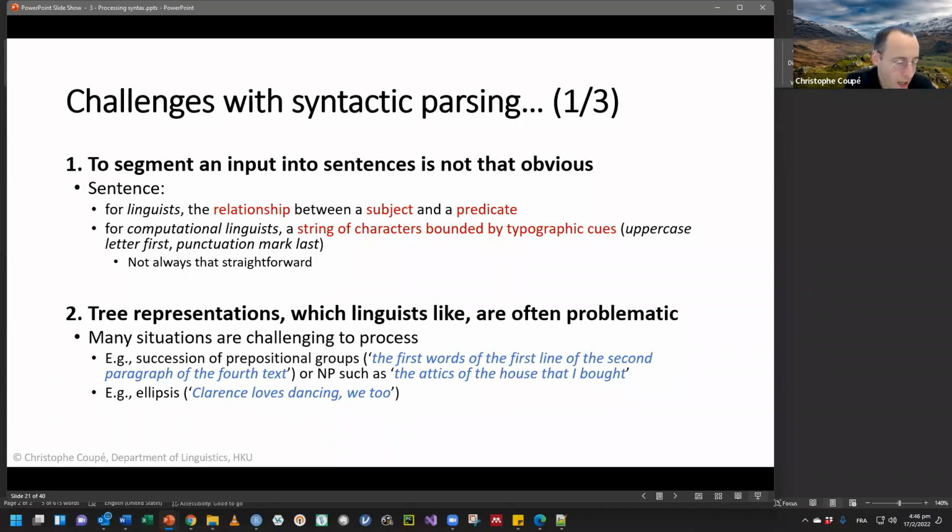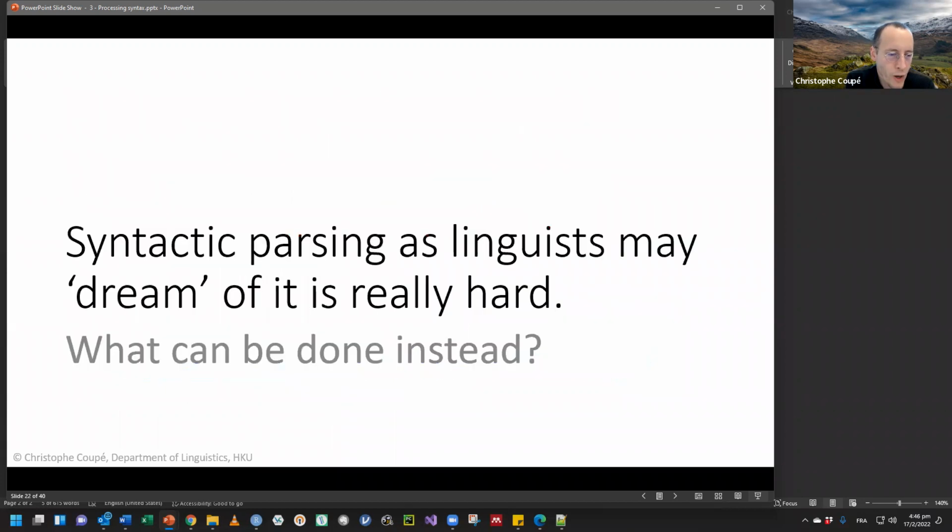This is also very challenging for a computer. So to build in a computer what the linguists like is a very tricky business. It's really hard. People tried and they have found solutions which are not bad, but it's definitely far from being perfect. So that's where we are.